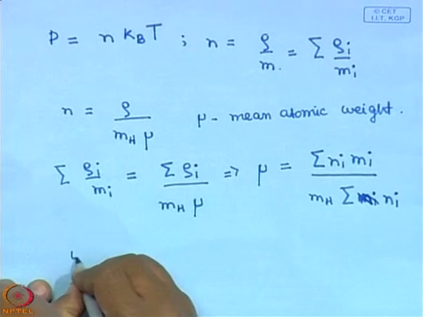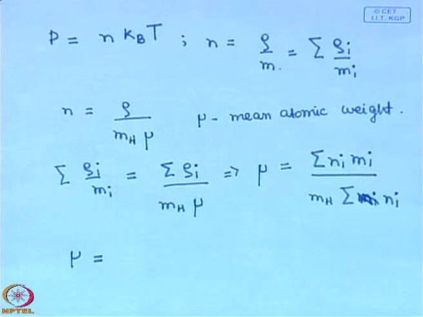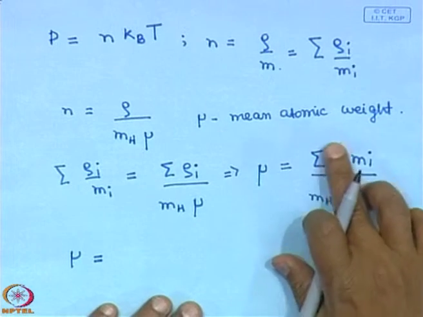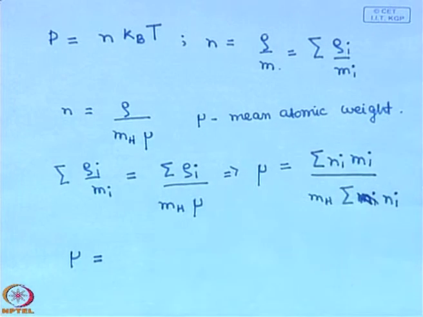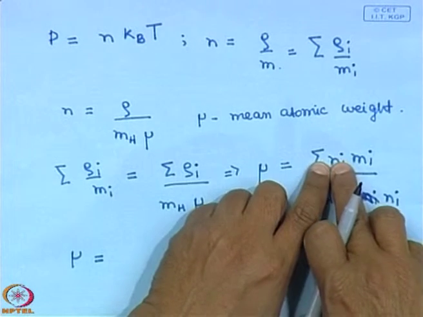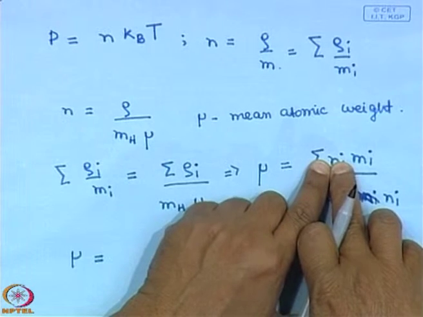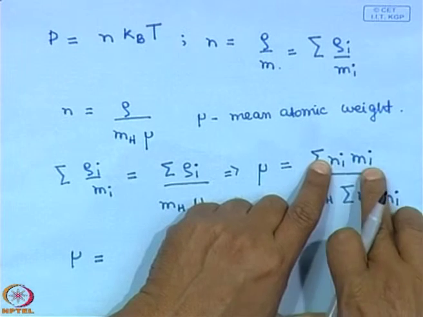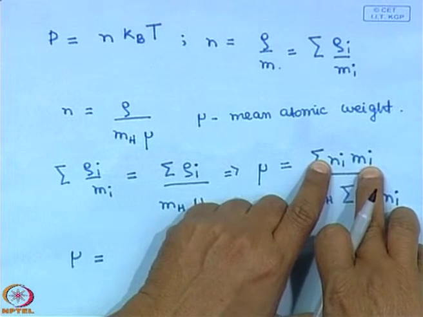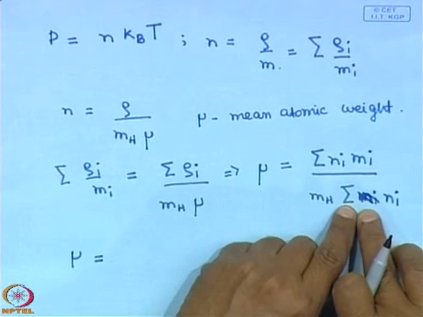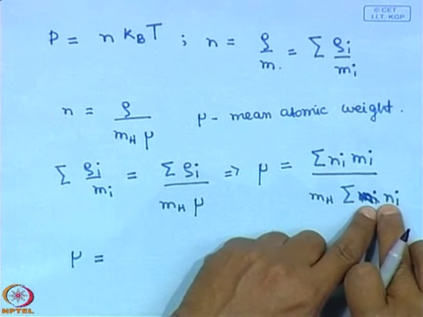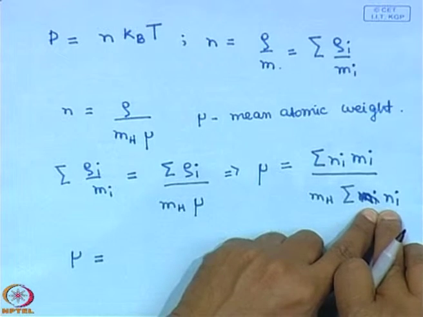So from here we can say that mu, in the numerator we have the contribution only from the protons, because the mass of the electrons is negligible. Okay. In the denominator we have the contribution from both the protons and the electrons.